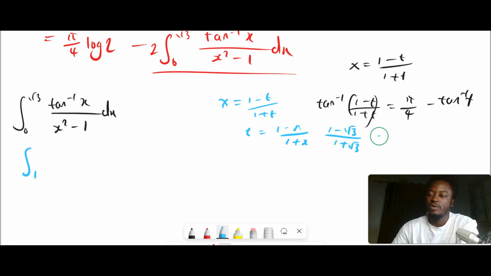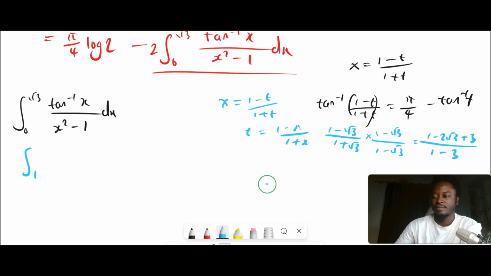And then we could multiply the top and bottom by 1 minus square root of 3. So we should have at the top 1 minus 2 square root of 3 plus 3, and at the bottom we should have 1 minus 3.